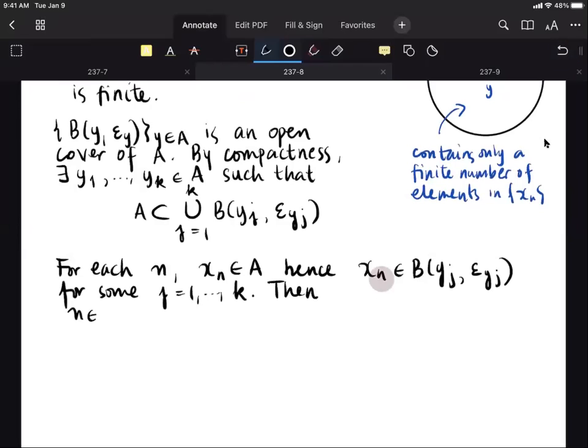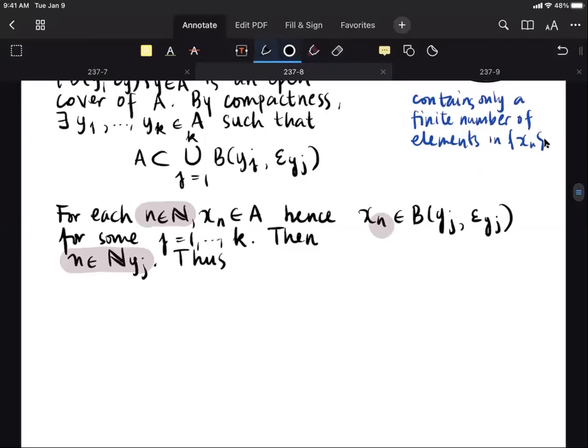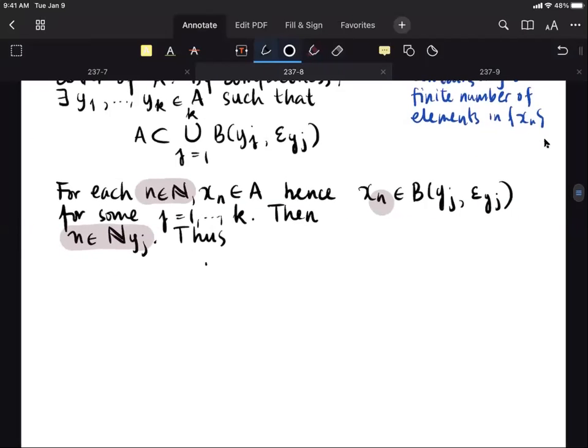Thus, n here is a positive integer. So given a positive integer, we have established that n is in n y sub j for some j. This means that the set of positive integers is a subset of this union, j from 1 to k.